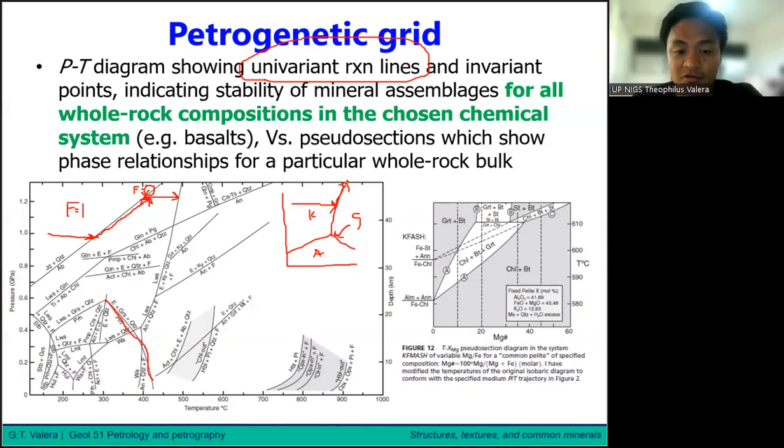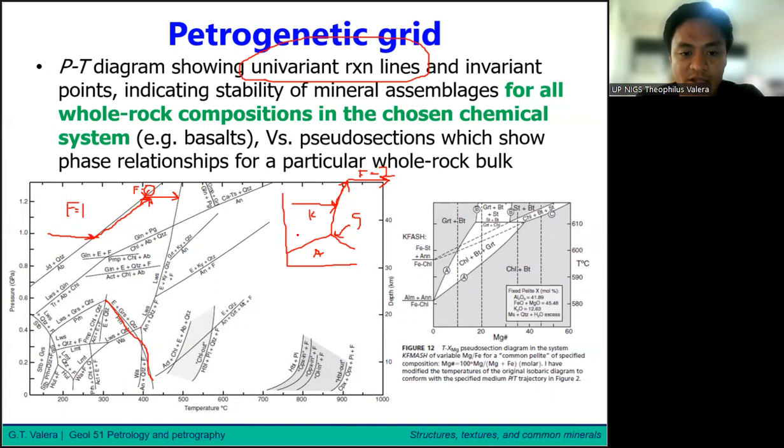Okay? Kasi F equals 1. And at the same time, habang tinatravel niya tong path na to, kyanite is being consumed and transformed into sillimanite. And eventually, pag naubos na yung kyanite, then it can move on again like this. Okay? Following yung original path. So dito, F equals 2 na ulit. Parang yung scenario kanina.